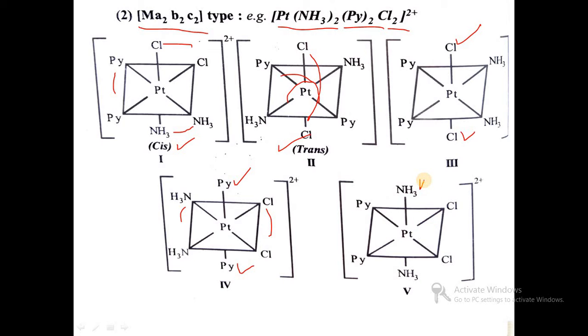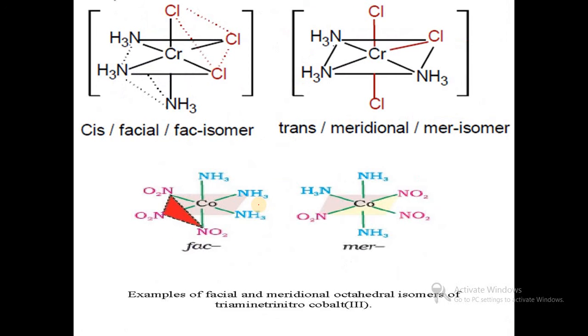And in the fifth one, with ammonia opposite to each other, we get this type of arrangement. So in the case of MA2B2C2, along with cis and trans, we get another 3 different arrangements of isomers.